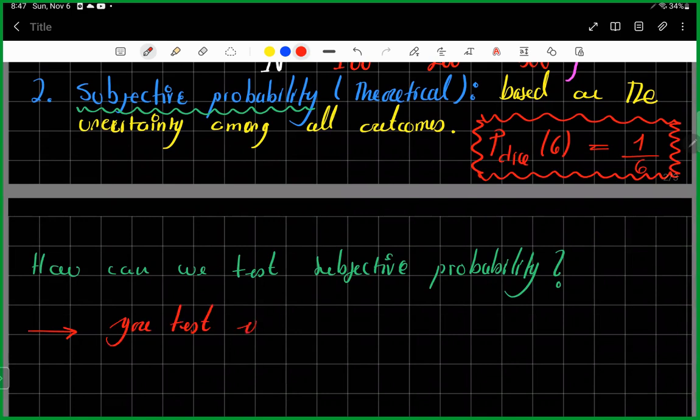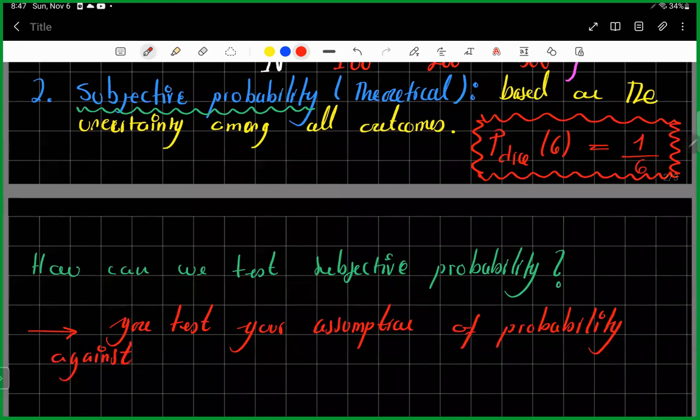You test your assumption of probability against your empirics, which means your observations.